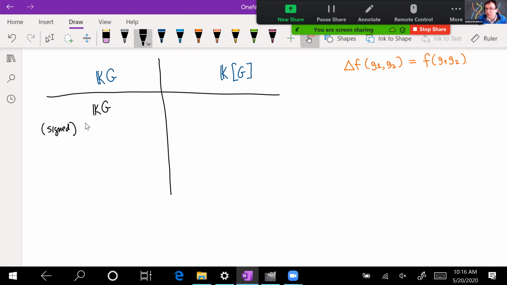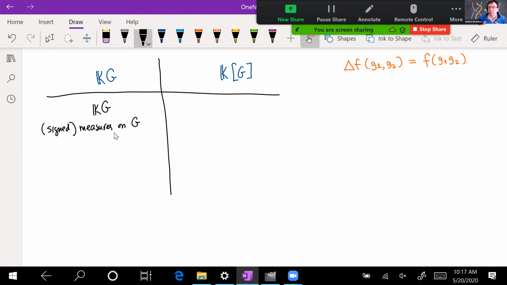Signed means it's not positive. When you talk about measure, usually we think of something positive. If you forget that condition, then you can take signed measures on G, and the multiplication is as before.